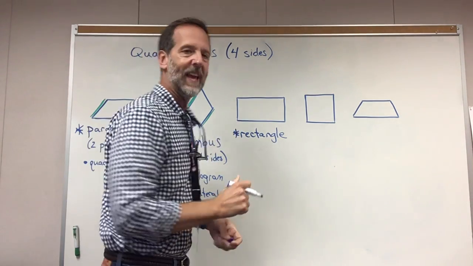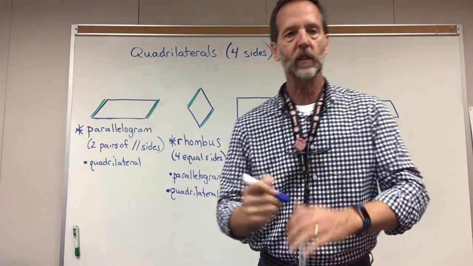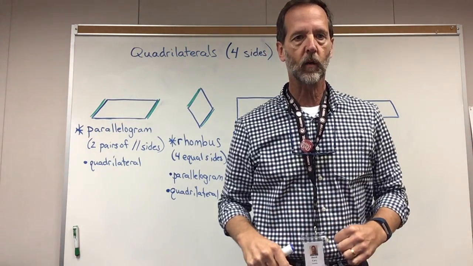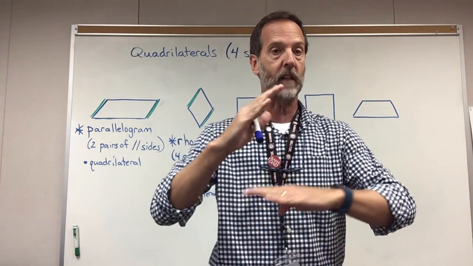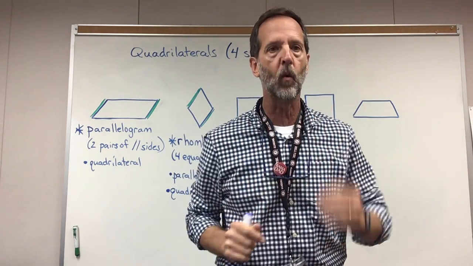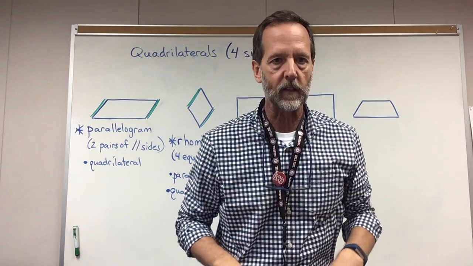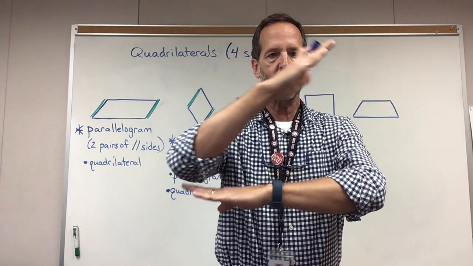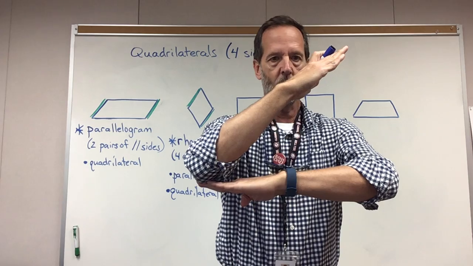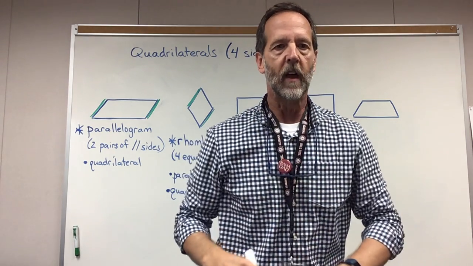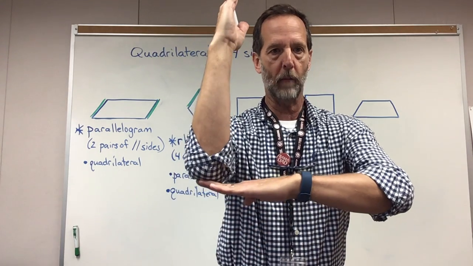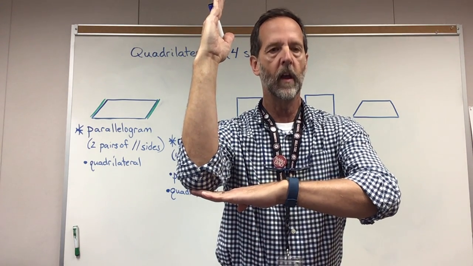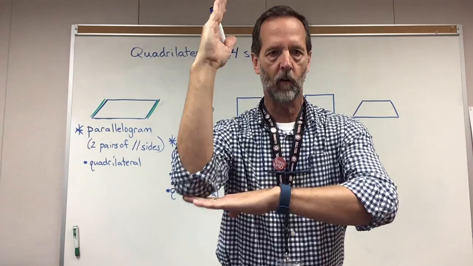Well, take a look at the angles. An angle is where 2 sides meet and join together. When you have 2 sides or 2 line segments that meet and they share a point, they can meet in 3 ways. They can make a very small angle, that's called an acute angle. They can make a very large angle, that's called an obtuse angle, or they can make that perfect square corner, and that's called a right angle.